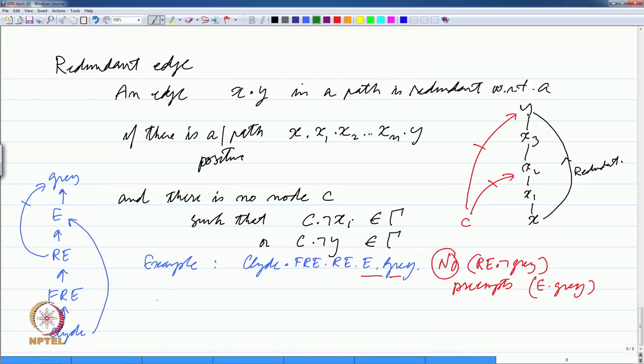This path which is a short path, Clyde.elephant.gray, is this admissible? The answer is again no, because Clyde.elephant is redundant.